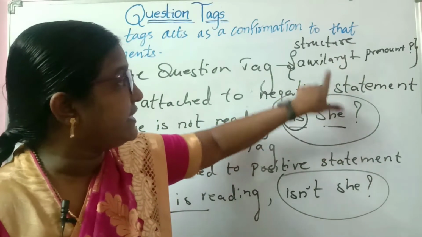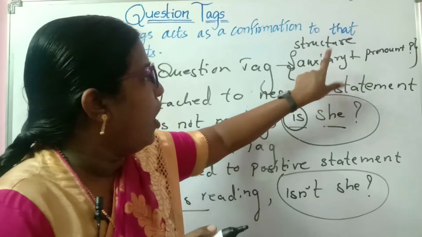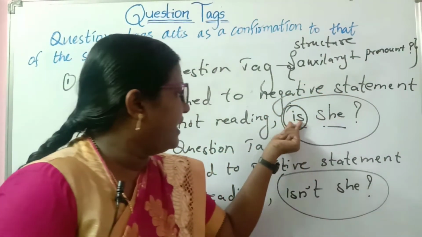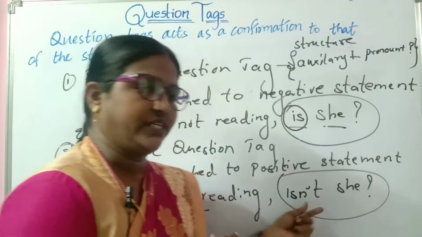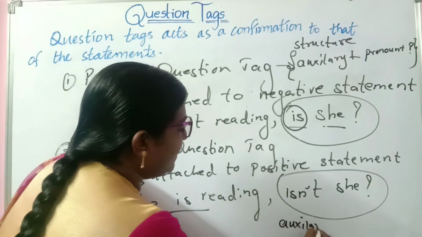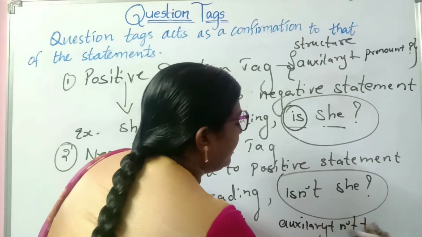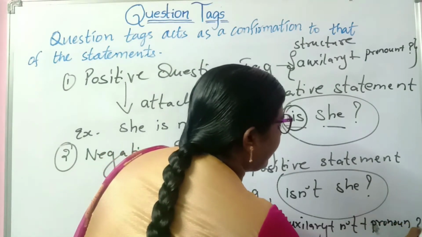What is the structure for a positive question tag? Auxiliary plus pronoun plus question mark. In the same way, what is the negative structure? Auxiliary plus not plus pronoun plus question mark.